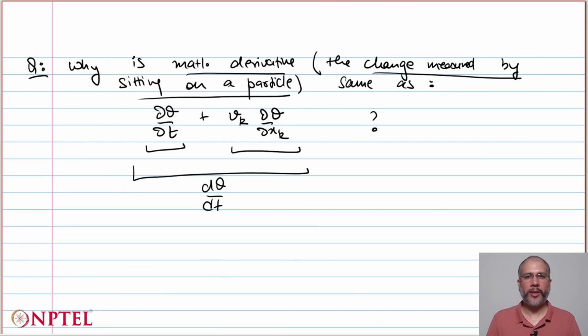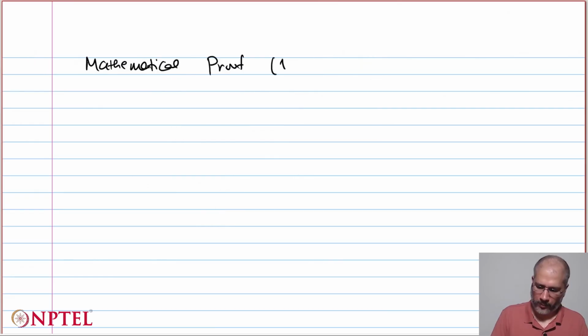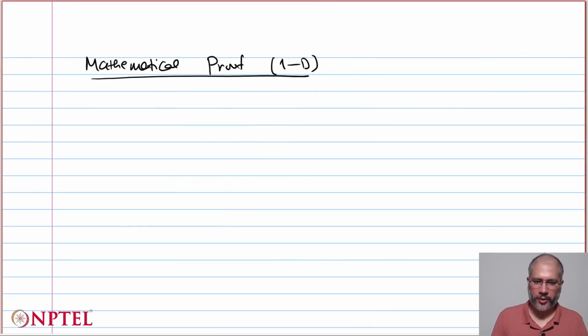This is the confusion that many of us have in the beginning, that we are not able to reconcile the mathematical expression here with the physical meaning of the quantity, that is, the quantity measured by sitting on a material particle, or more specifically, the time rate of change of theta measured by sitting on a particle. So we'll prove it for a 1D situation because mathematically it is easier to show, but with the same ideas you can show it for 2D or a full spatially 3D case.